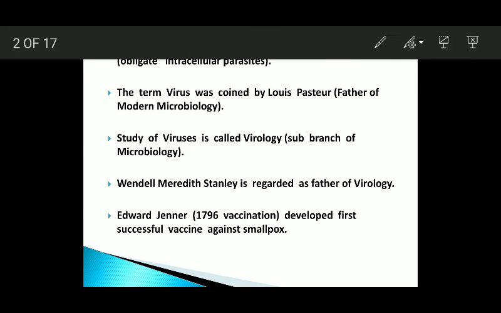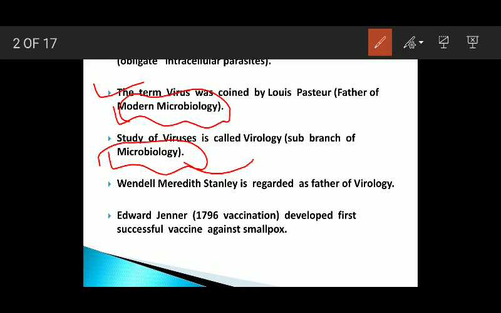The term virus was coined by Louis Pasteur, who is regarded as father of modern microbiology. The study of viruses is called virology. It is taken as a sub branch of microbiology.